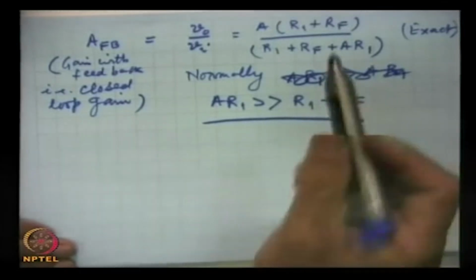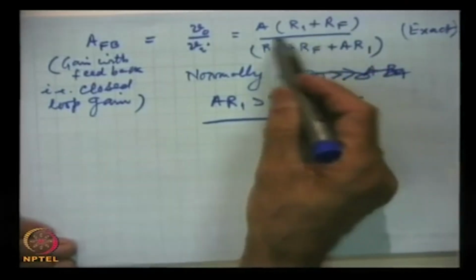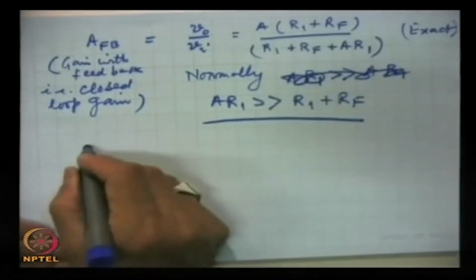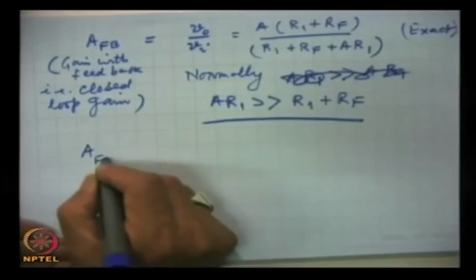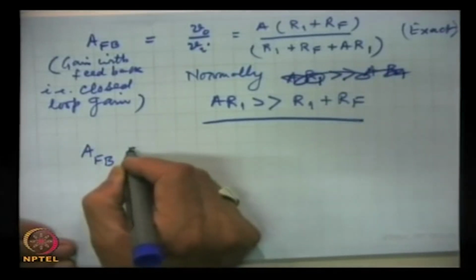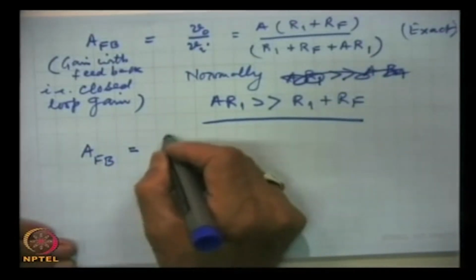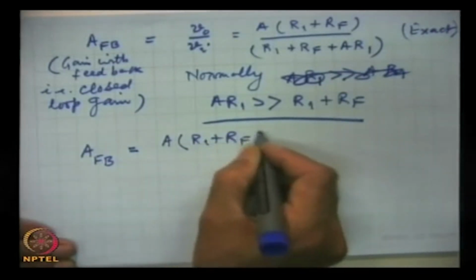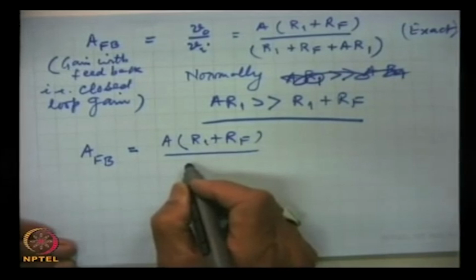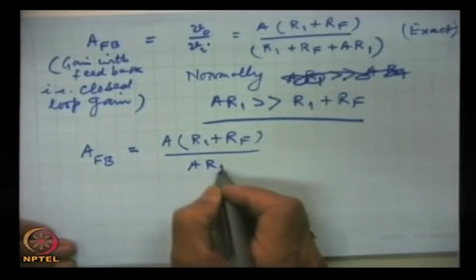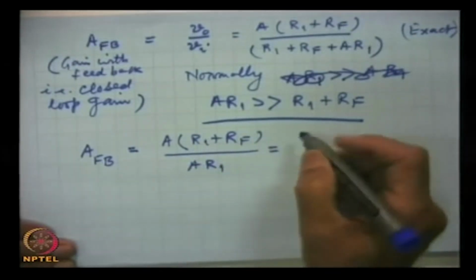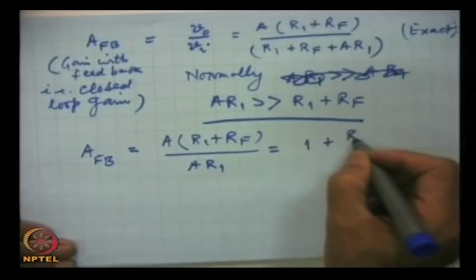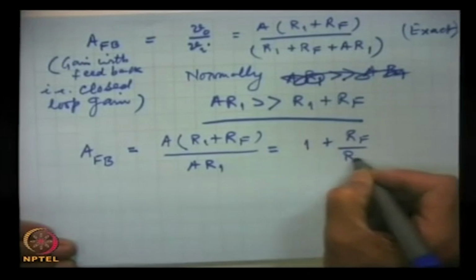So, this can be neglected, and then gain with feedback becomes equal to A into R1 plus Rf by AR1, or simply 1 plus Rf by R1.